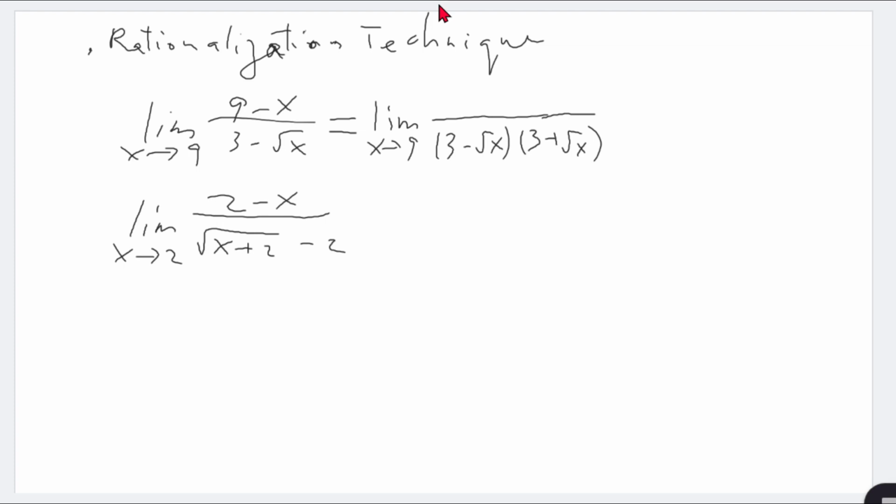So we multiply top and bottom by the conjugate. Bottom, now the top. Again, by the same thing, right? Algebraically, we have to do this. We cannot just multiply the bottom, okay? So when we multiply the bottom by 3 plus square root of x, we actually multiply it out.